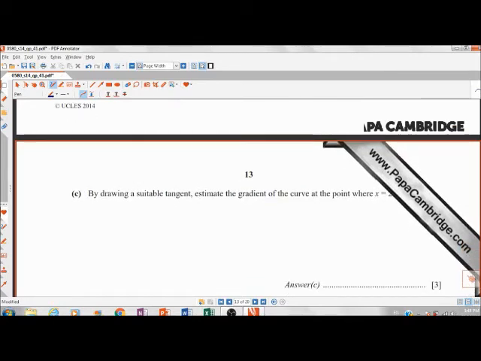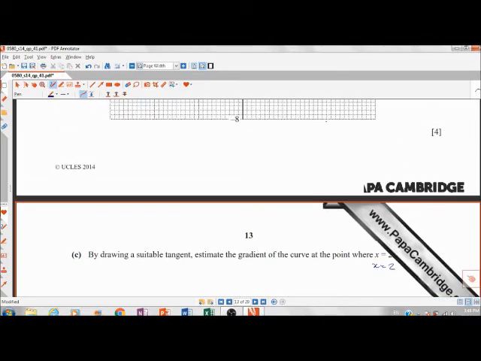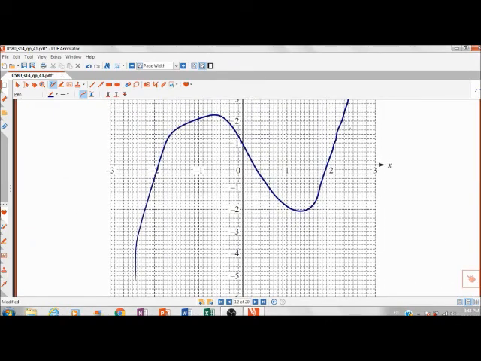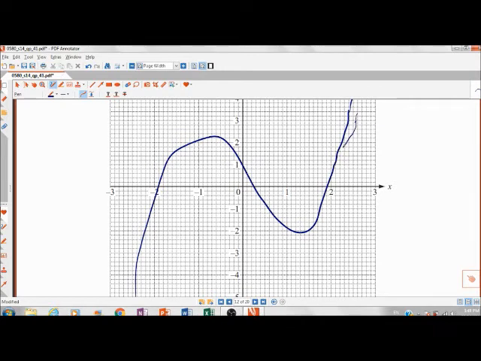Right, by drawing a suitable tangent, estimate the gradient of the curve at the point where x equals 2. So for this, you draw a tangent at x equals 2, and then you get 2 points from the line you drew. It should look something like this, a straight line.